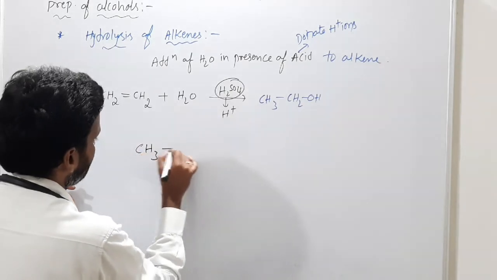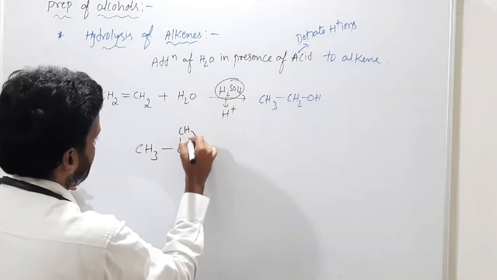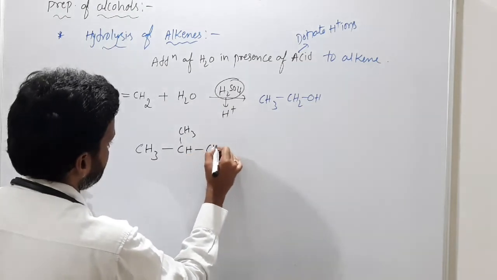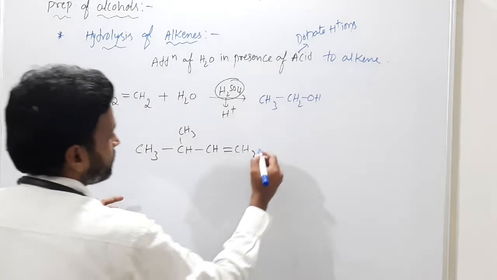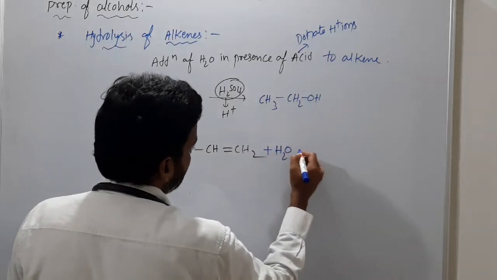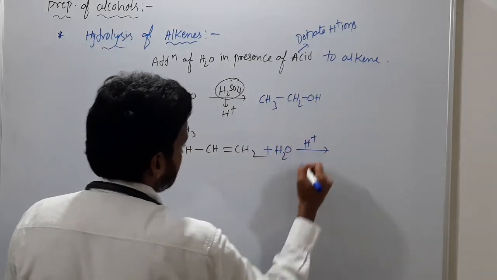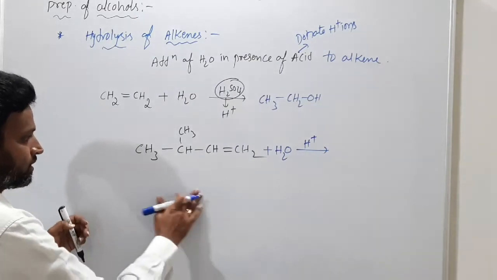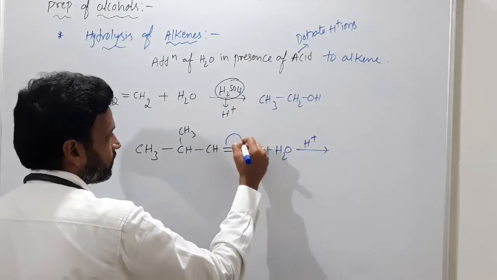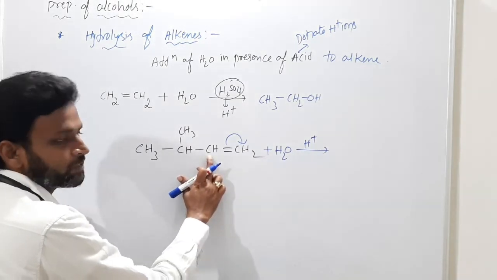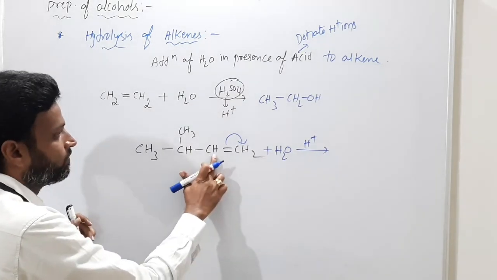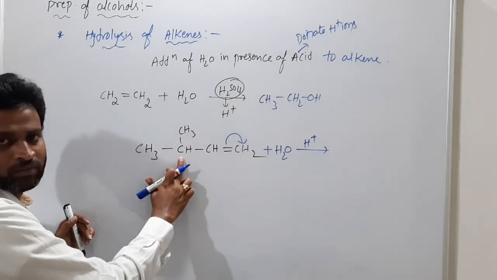So as I gave in the previous one, CH3, CH3, H and CH double bond CH2. For this, if I am adding water in presence of H plus, so first what happens? H plus for sure will add on this carbon. That for sure. Positive charge here, secondary. Hydrogen will migrate. Tertiary carbocation.